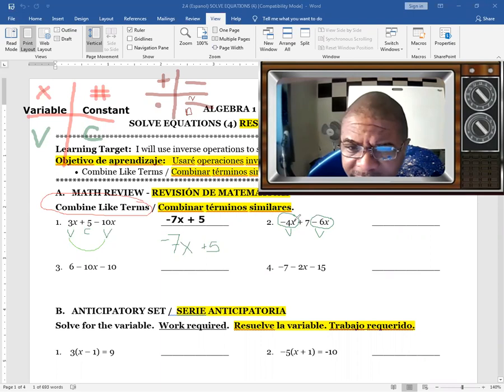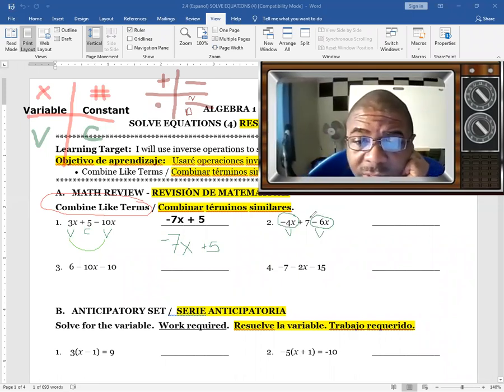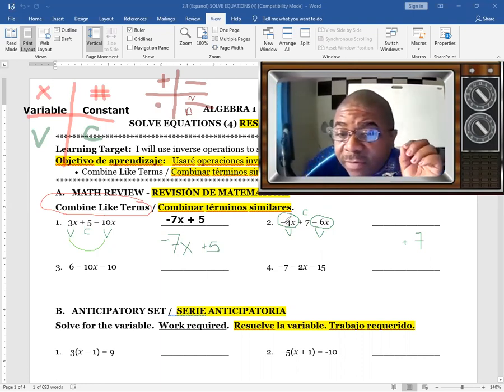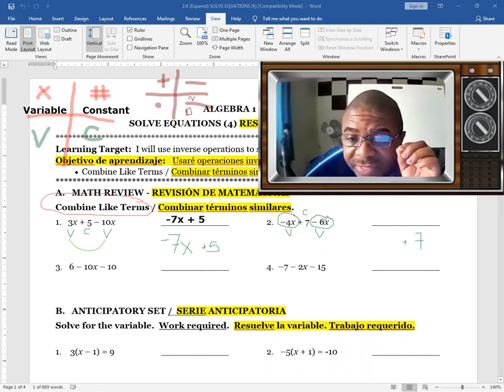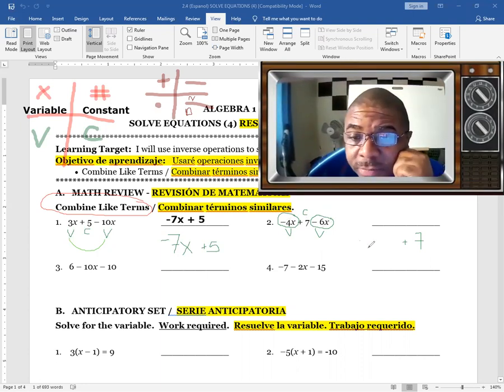And now when I look at this and I see negative 4x plus 7 minus 6x, or negative 6x, I say, okay, well, this is a constant family. So let me go ahead and put the constant family here. It's a plus 7. And negative 4x and negative 6x. If I combine negative 4 and negative 6, it's going to get me negative 10.